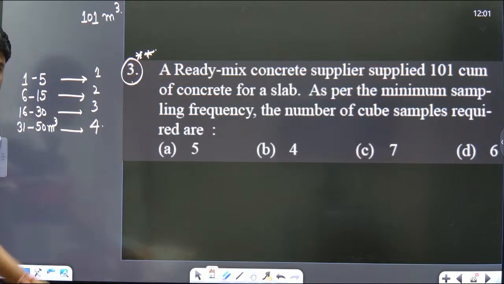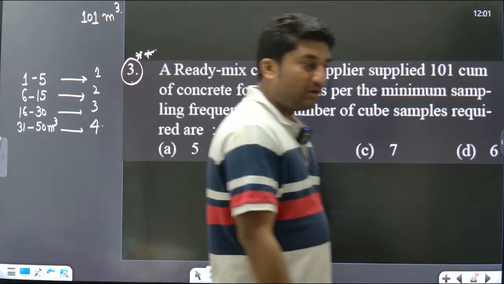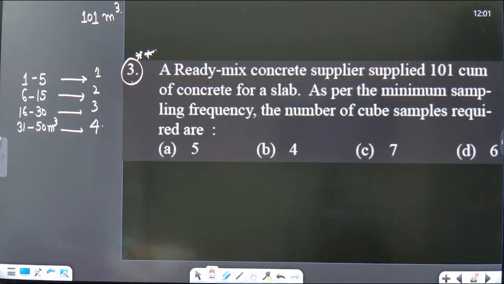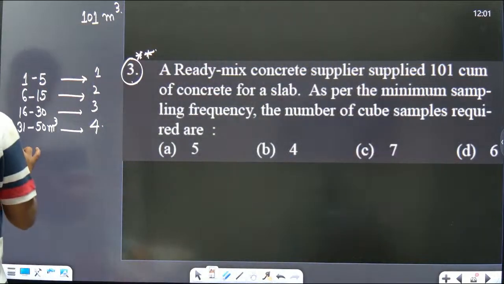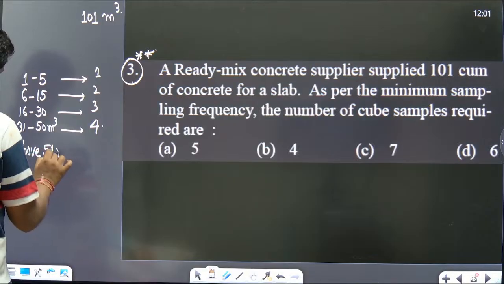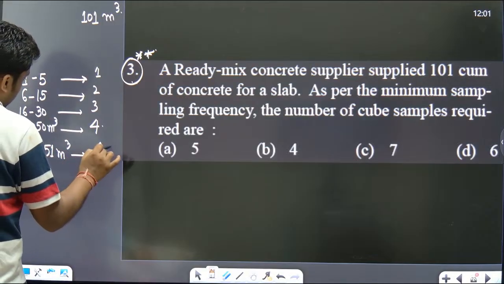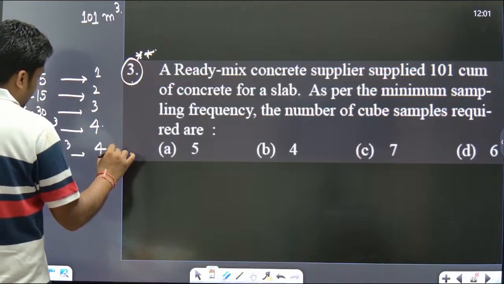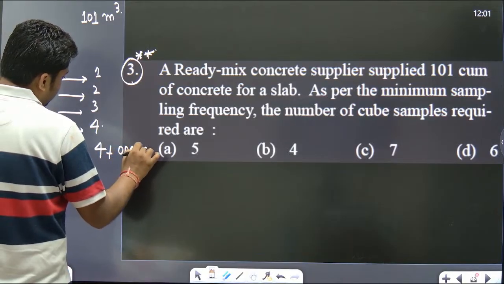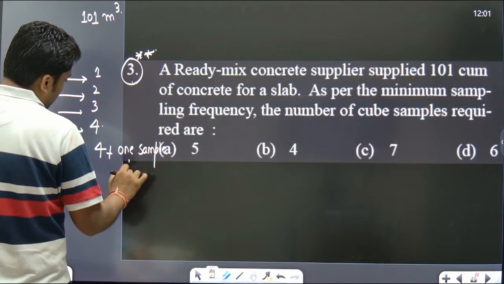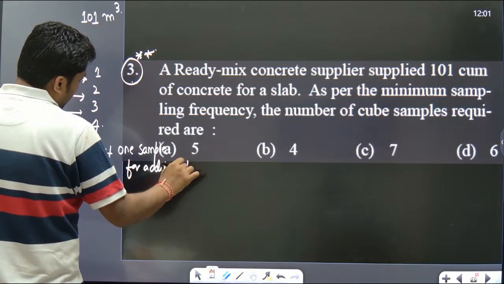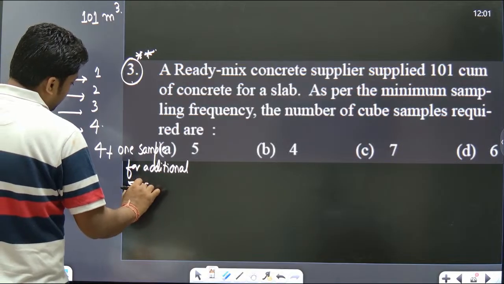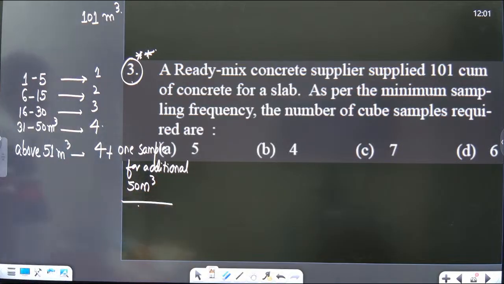Now above 50, listen to me very carefully, that is above 51, what you will do: 4 plus 1 sample for additional 50 meter cube.